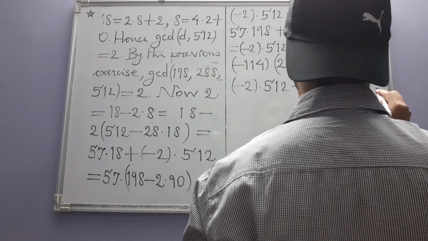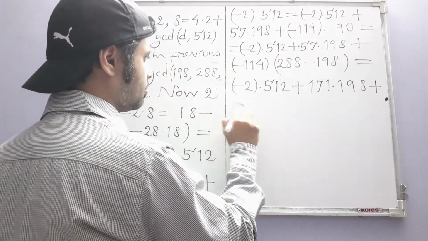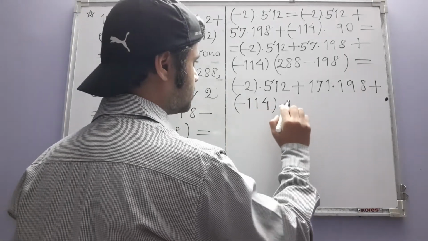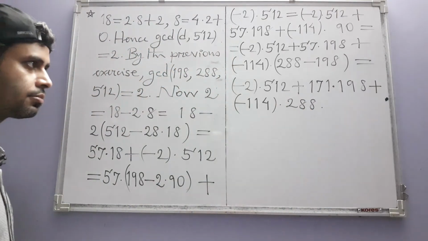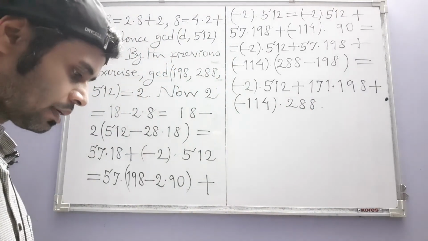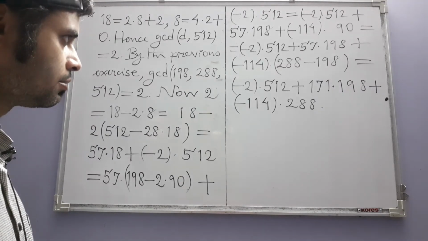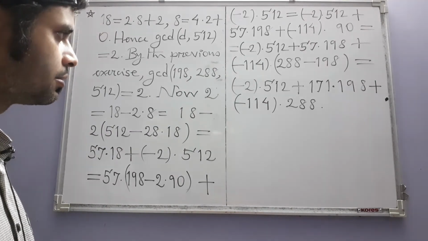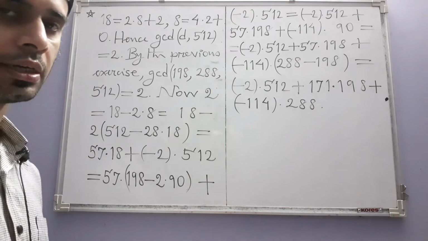And of course, along with that, we have minus 114 times 288. So the order in which the numbers are given, x is 171, y is minus 114 and z is minus 2.